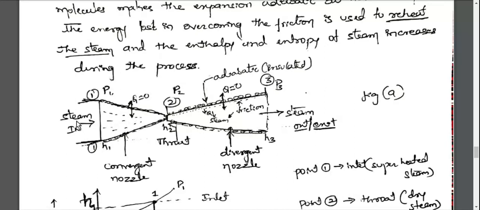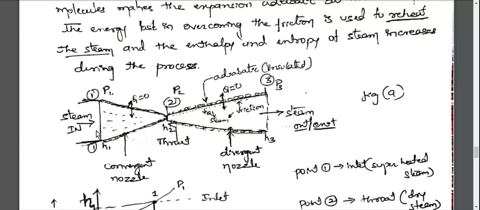Now we will take high pressure, high temperature superheated steam entering the nozzle. Here expansion takes place, so due to expansion, enthalpy drops. H1 is the enthalpy at inlet, H2 is the enthalpy at throat.